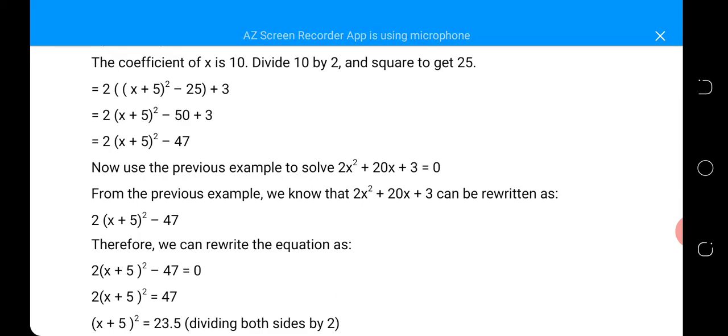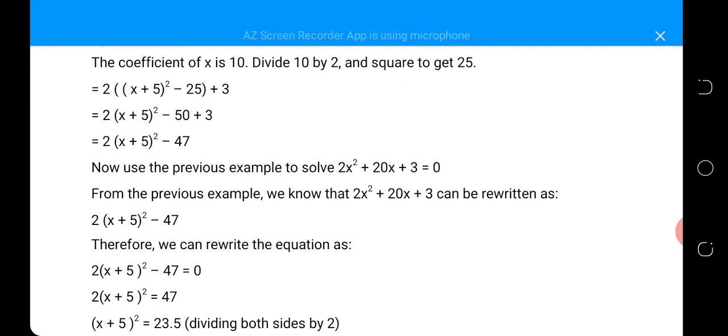Now, let's go back to the equation: 2x squared plus 20x plus 3 is equal to 0. To solve the equation, we use the transformed version and equate it to 0. Since 2x squared plus 20x plus 3 can be rewritten as 2 into (x plus 5) squared minus 47.